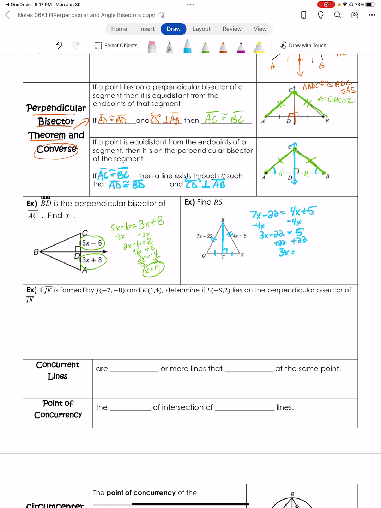Sorry guys, interrupted. 27 divided by 3, divided by 3. x is equal to 9, but we need to substitute, so let's find RS. RS is going to be equal to 4 times 9 plus 5, which is 36 plus 5, so RS is equal to 41.